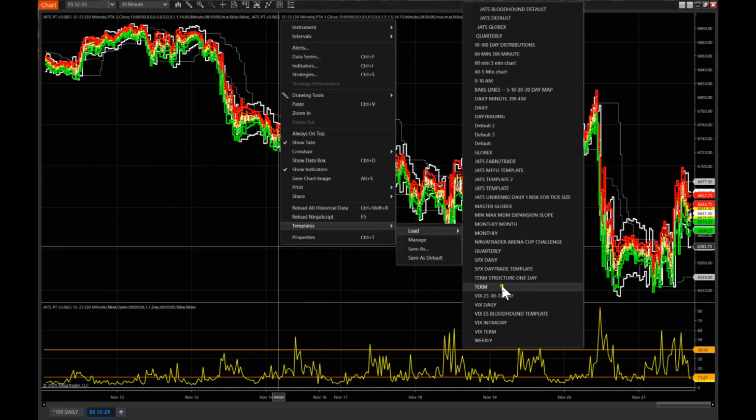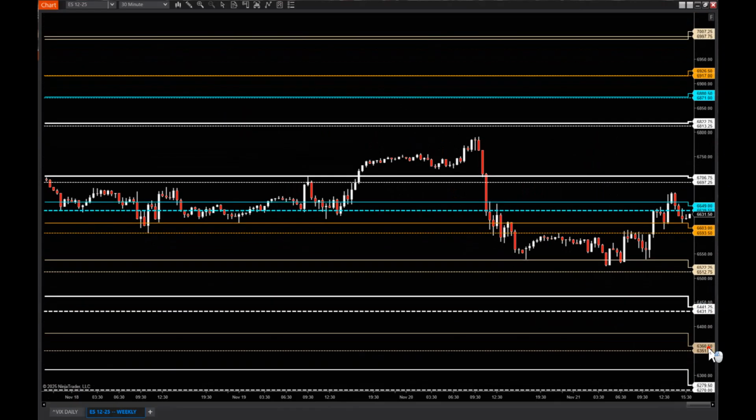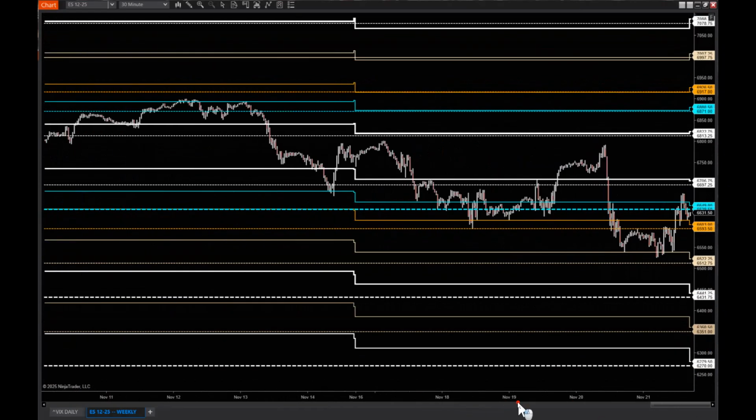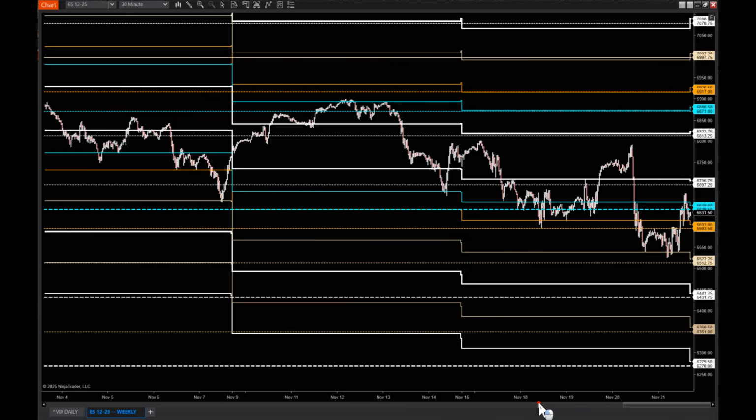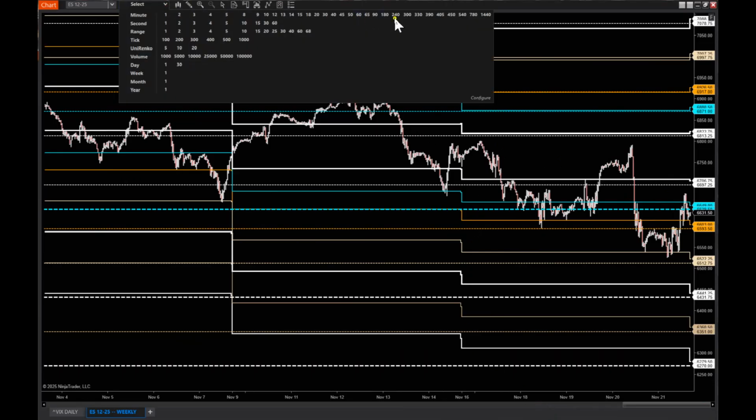Here is a weekly template, and you can see how far. Let me put this on a 60 or 300 range.